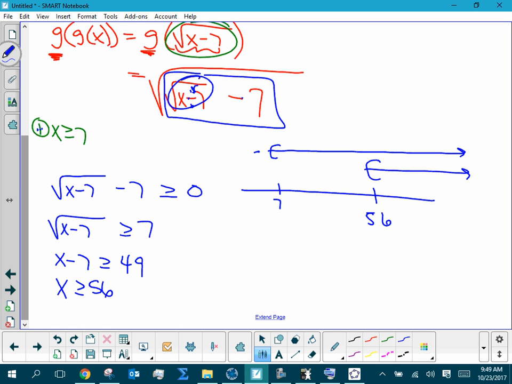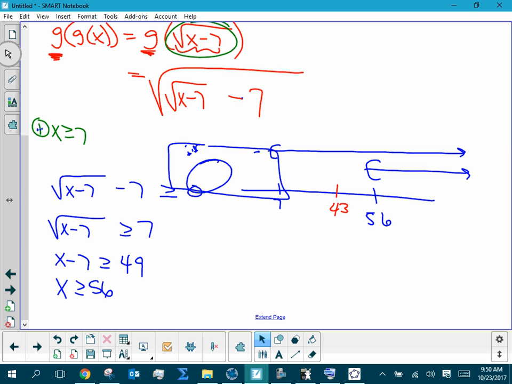Because if I choose a value, let's say x is 43.